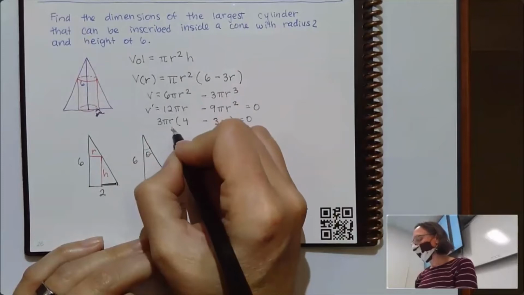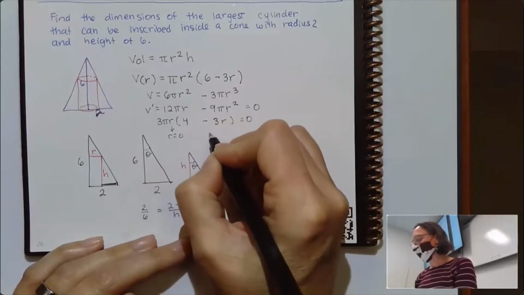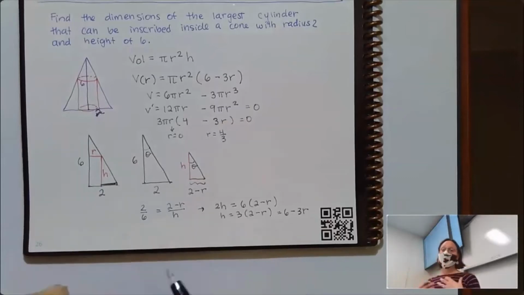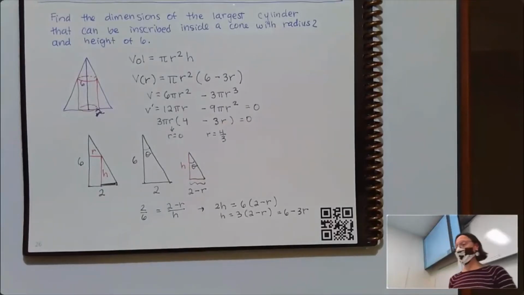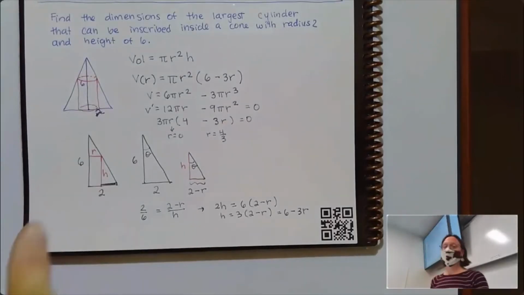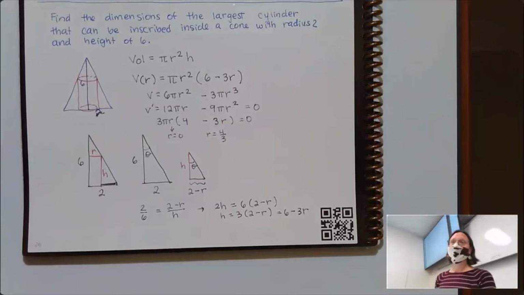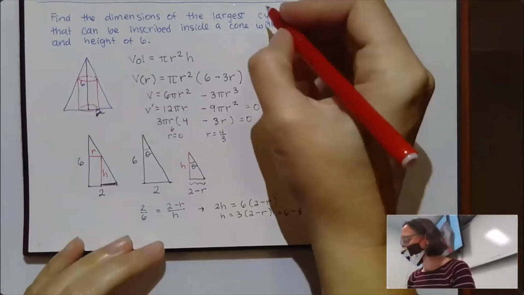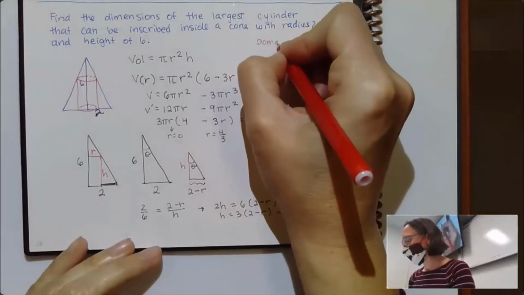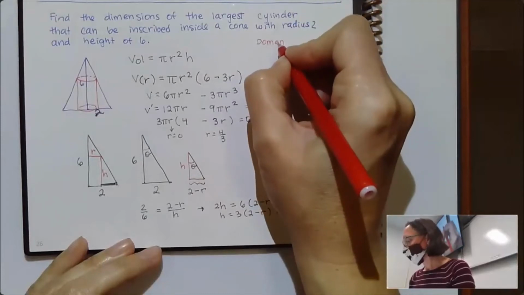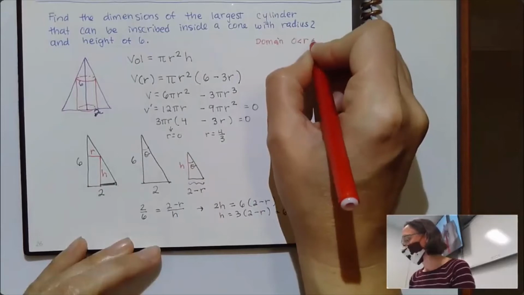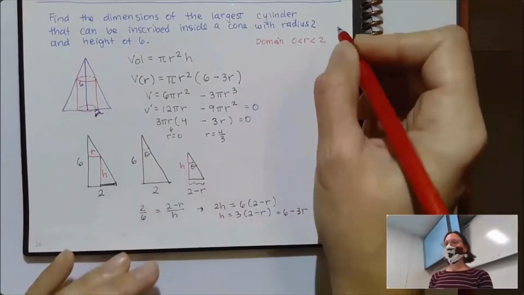So I'm getting values of r equals 0 or r equals 4/3. Personally, I'm going to say I do not have a cylinder if the radius is 0. So thinking back to that domain piece, I would say that our domain is that the radius has to be bigger than 0, but smaller than 2.